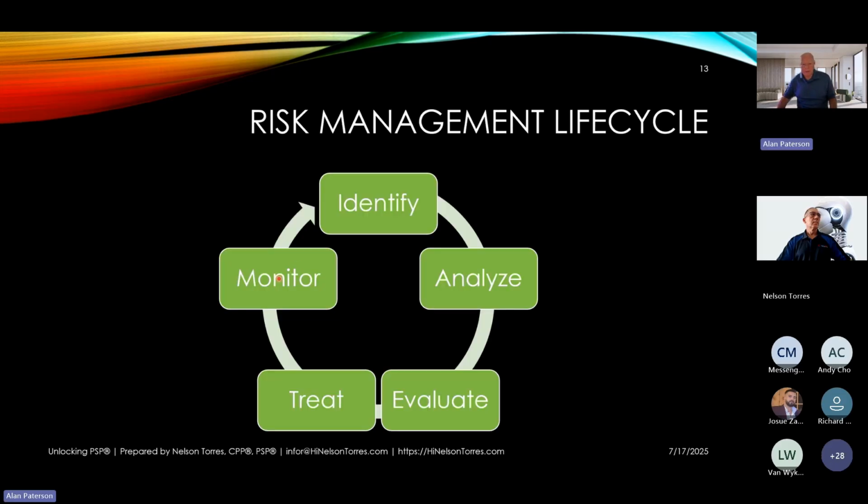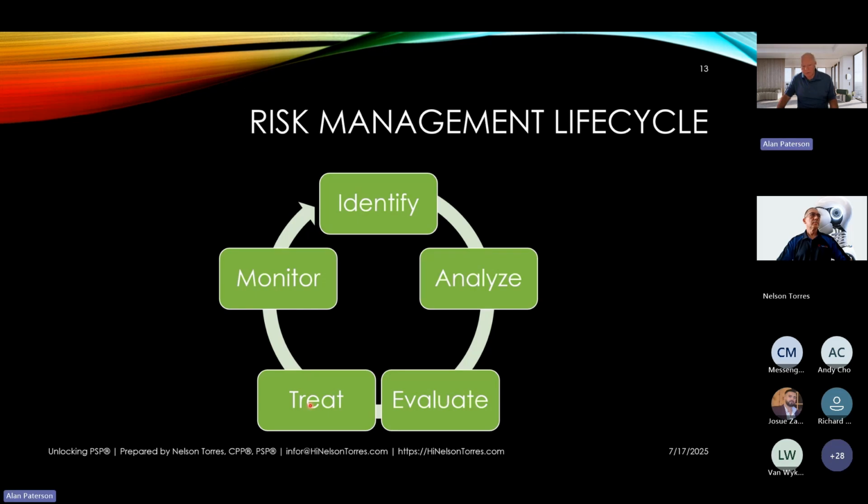So risk management has a life cycle. It's a continuing, evolving cycle. Again, identify: always pinpoint your threats, your vulnerabilities, and your assets. Analyze risk probability and impact. Evaluate: compare risk levels to tolerance thresholds. What are your tolerance thresholds?